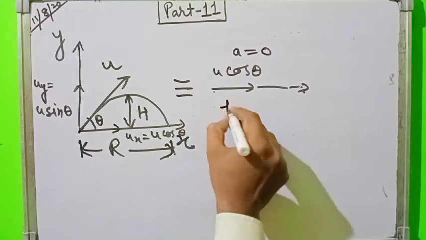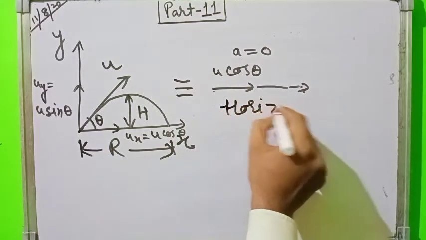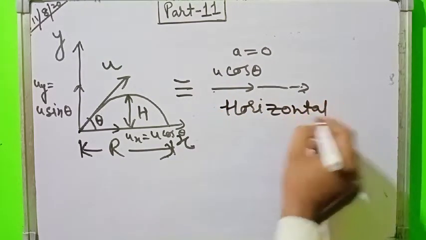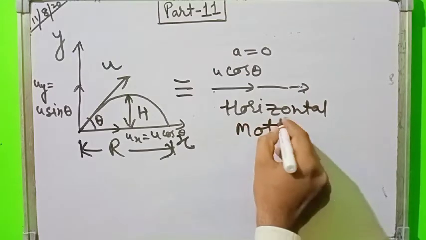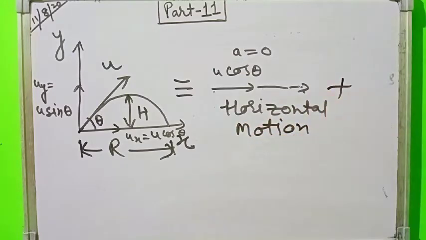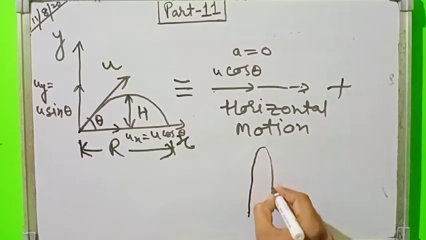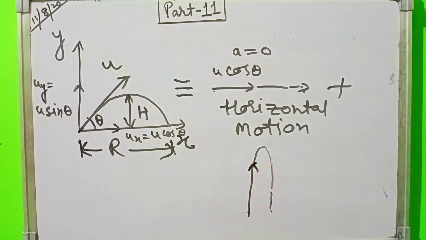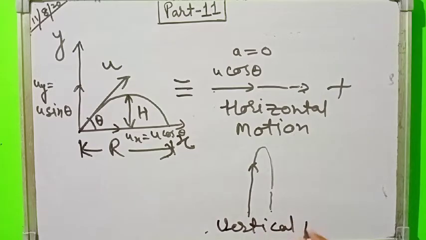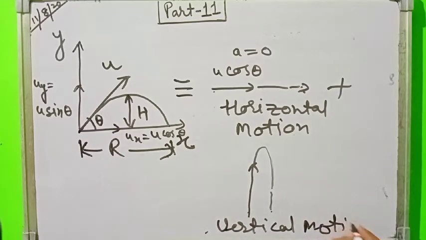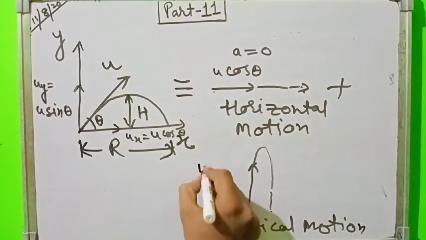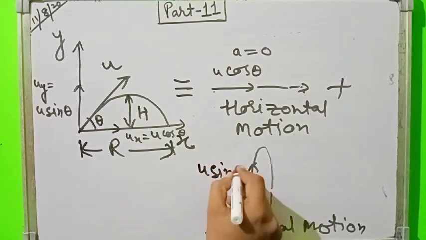That is horizontal motion, plus the second one is vertical motion, and this vertical motion has u sin theta.